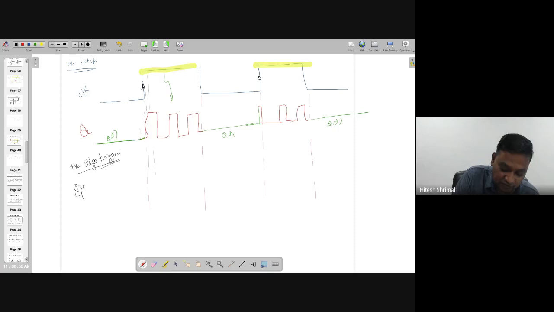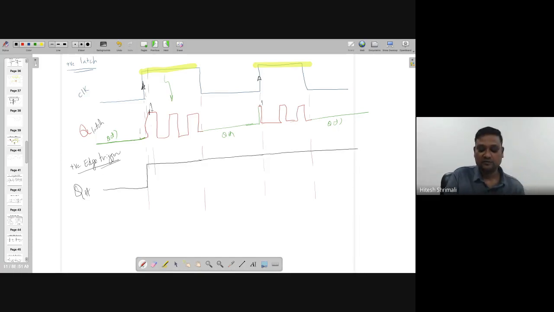The Q in the flip-flop, you're going to see like this, because here it's 1, here also it's 1. So considering the timing matrix, whatever the input is there, it's not going here and there. It will only take the value at the transition. So that is already known to us. That's the difference between latch and flip-flop.